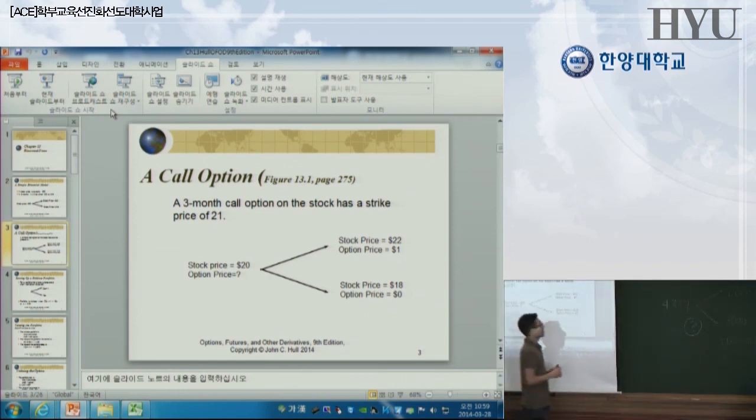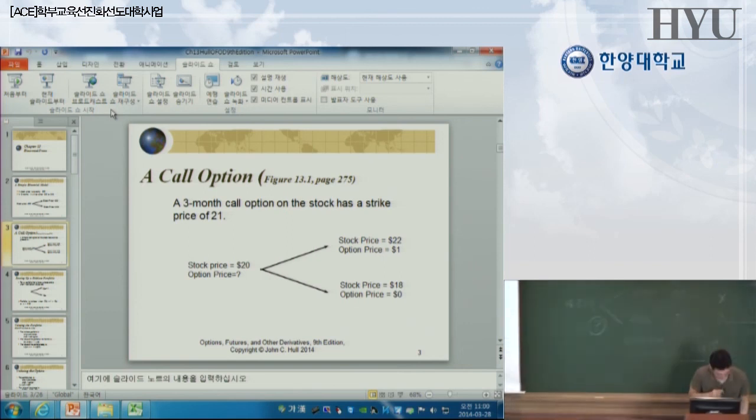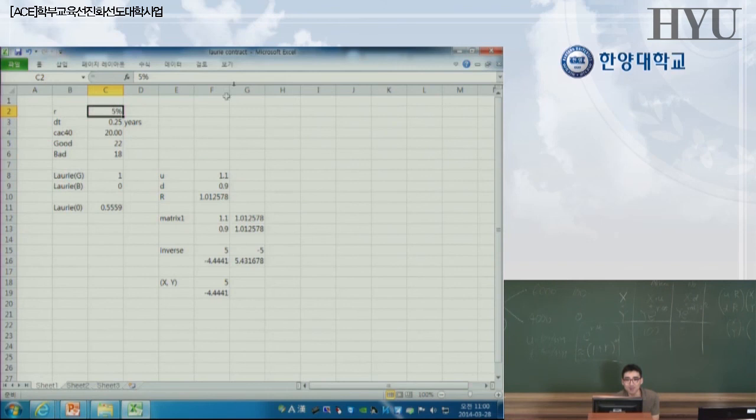If we want to create a contract that pays $100 in this case, then it is simple. We can buy 100 times this contract. So the value of the contract is simply multiplied by 100. Again, in this contract, I receive $1 in the good scenario. If I want to create a contract that pays $1,000 or $10,000 in the good scenario, the answer is the same.